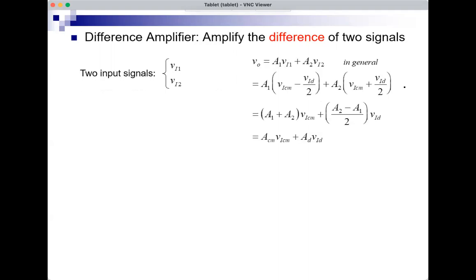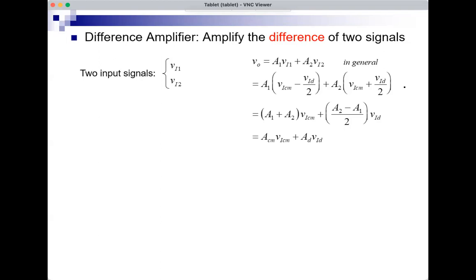So two input signals. In general, if I have a linear circuit with two input signals, the output should be some combination of VI1, A1 VI1 plus A2 VI2. So superposition should apply. That's in general.